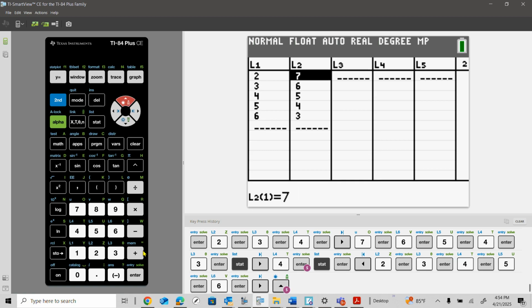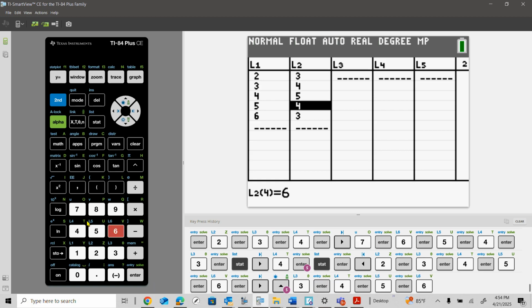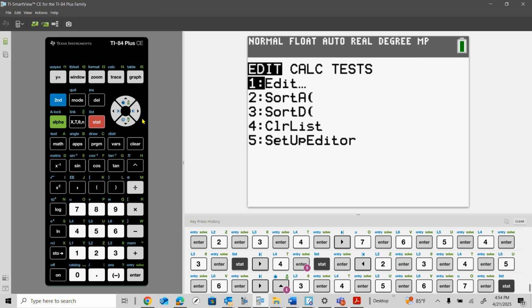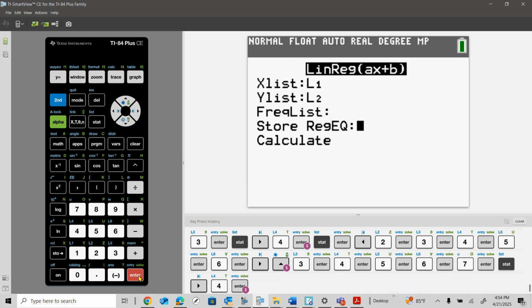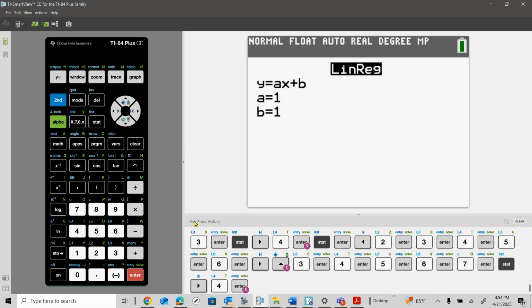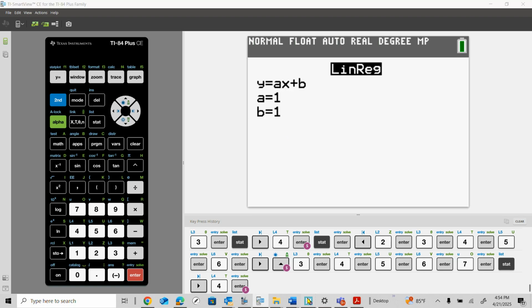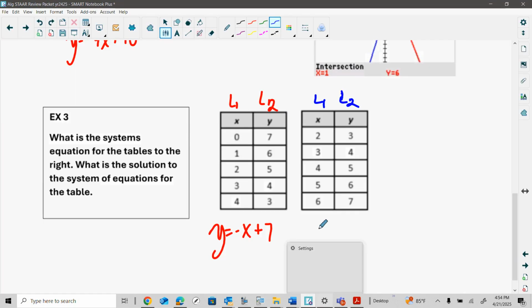We had 3, 4, 5, 6, and 7. All right, then we're going to hit stat, arrow to the right to calculate, pick number 4. We're going to enter about 5 times. Now the slope, a, is 1, and our b is 1. So for this equation, instead of saying 1x, I'm just going to say x. So this is x plus 1.